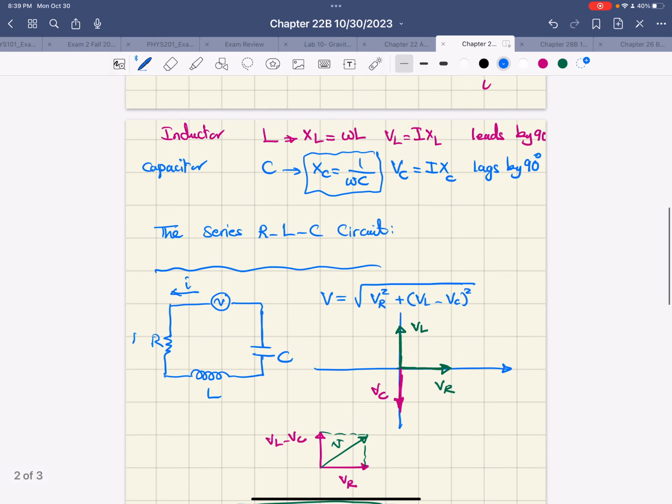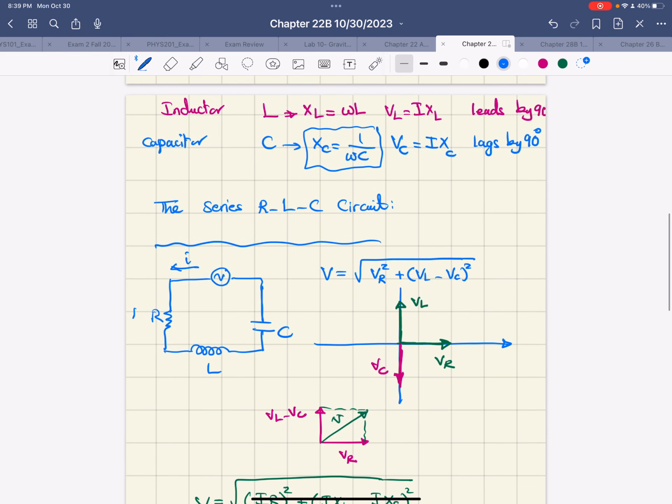Now for the circuit, which we call a series RLC circuit, we have all the three elements connected together to an AC source. According to my diagram, if I have these three phasors, which are very similar to three vectors, then the total V is going to be the square root of VR squared plus VL minus VC all squared.